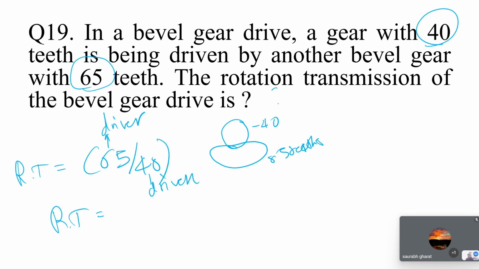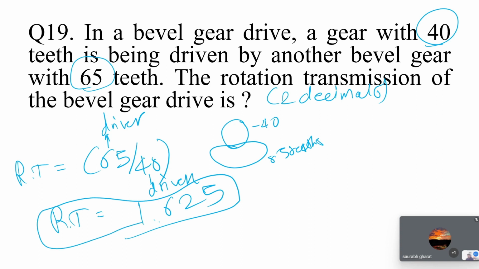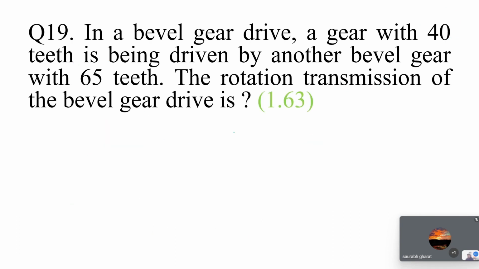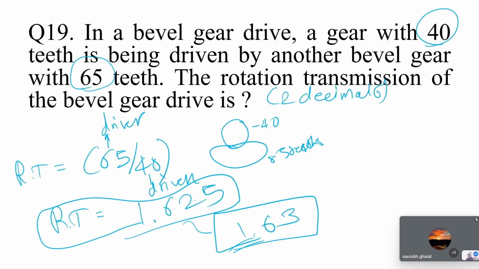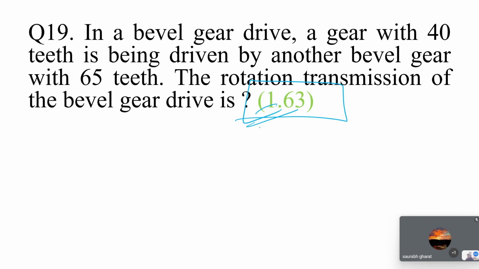To two decimals, 65 by 40 is 1.625, so 1.63 is the correct answer.